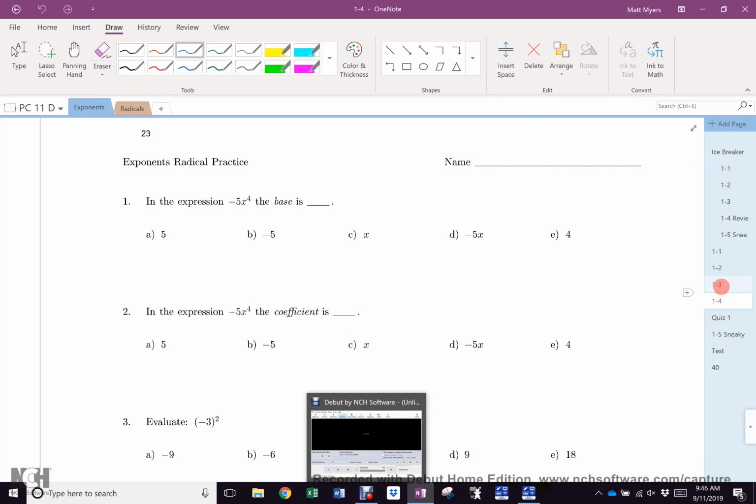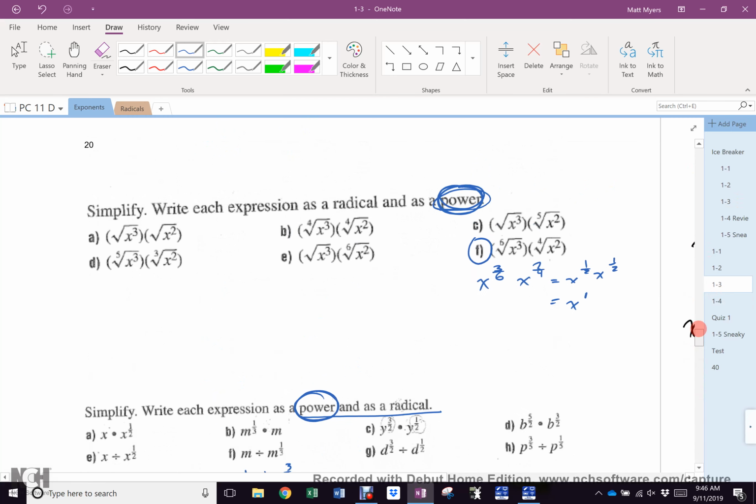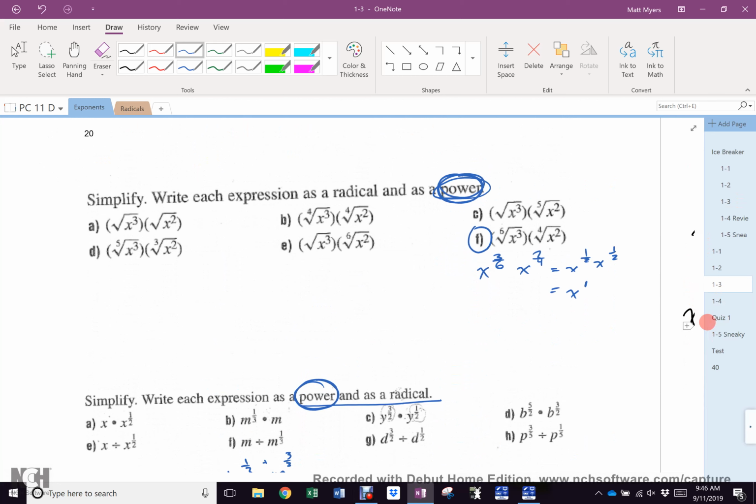Well, I'll just be working on the key. You can see it while I work. Oh, wait a second.